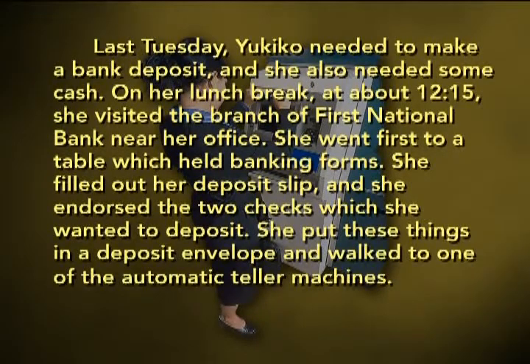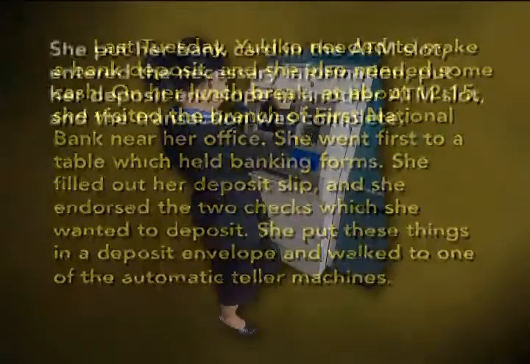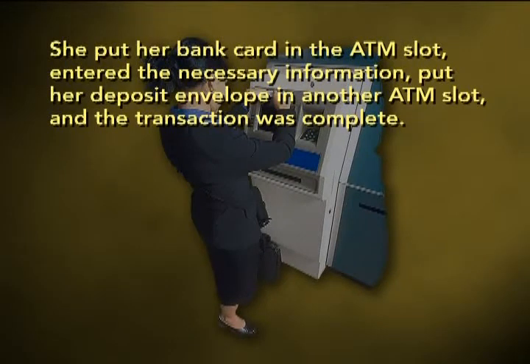She put these things in a deposit envelope and walked to one of the automatic teller machines. She put her bank card in the ATM slot, automatic teller machine, entered the necessary information, put her deposit envelope in another ATM slot, and the transaction was complete.